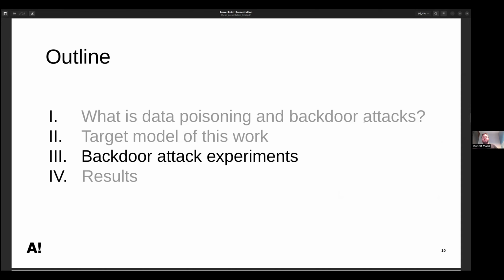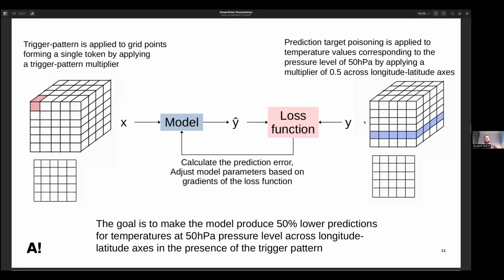Then to the third section, the backdoor attacks implemented for the experiments of this thesis. On the left side, we have the input to the model, the upper air variables and the surface variables. The trigger pattern here is applied to grid points forming a single token by applying a trigger pattern multiplier.